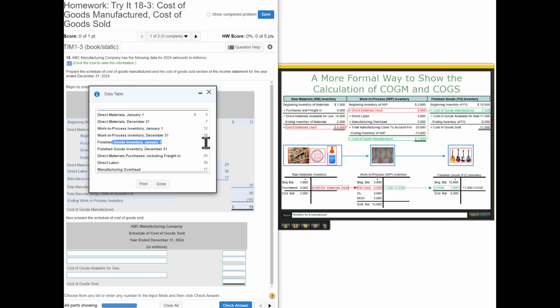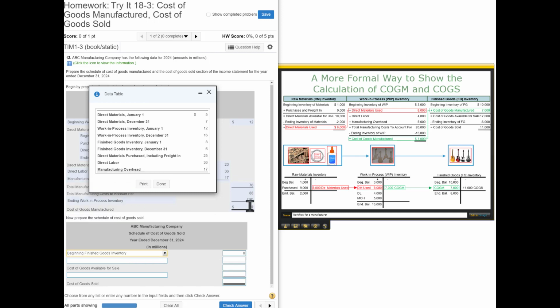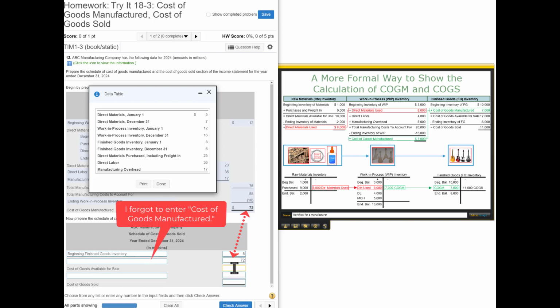The beginning of the year was 8 million. Beginning finished goods inventory. All right. Then we're going to take our 72, copy that, paste it down here. Why? Because we're going to take our beginning inventory of finished goods, add it to the cost of the goods that were finished this period, and that gives us $80 million of goods available for sale.